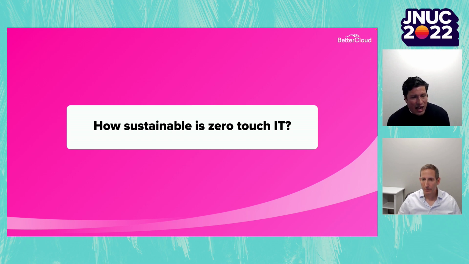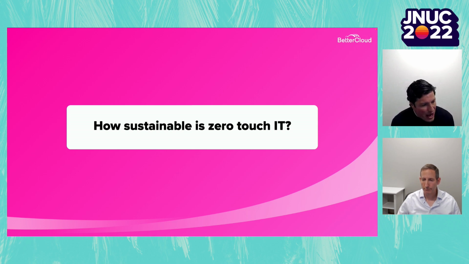Honestly, I don't think that you can sustain an IT department without moving in this direction. You really look at the explosion of SaaS applications, and how a lot of companies had 4 or 5 applications in the past, and they now have over 200.